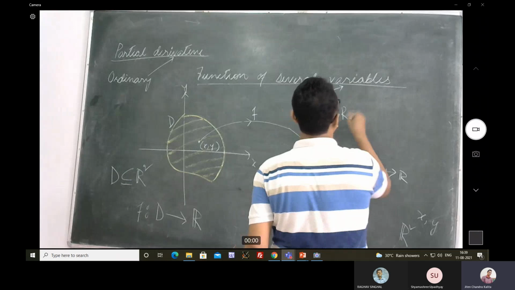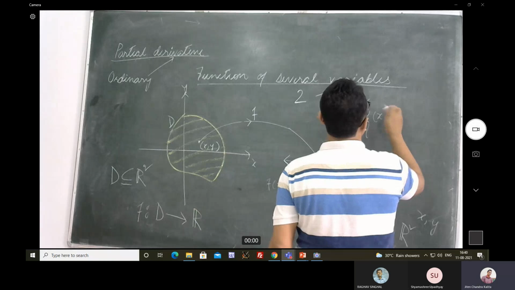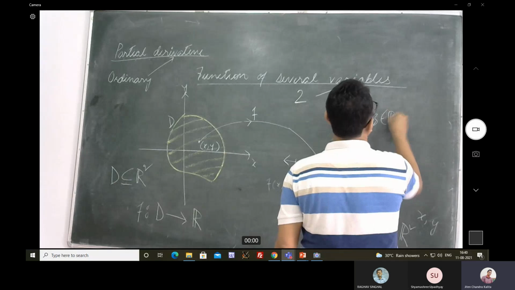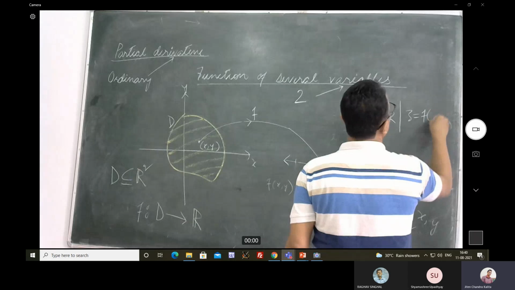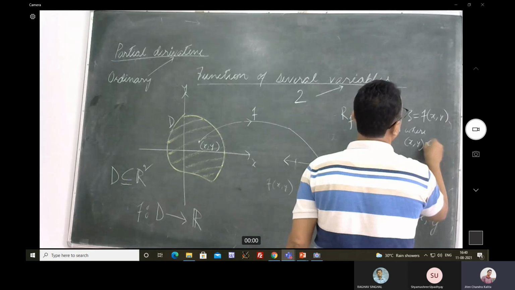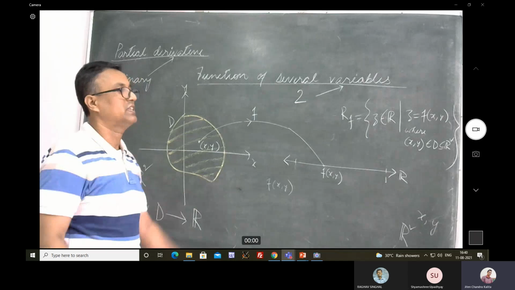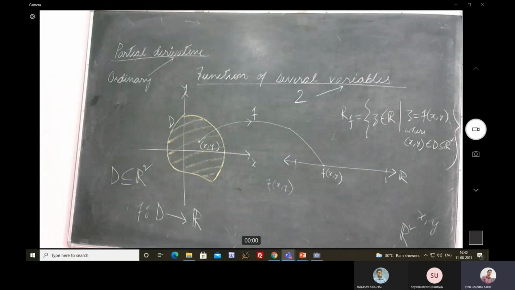So your range of f is simply the set of z belonging to R such that z equals f(x, y), where (x, y) belongs to D, which is a subset of R2. I can write it like this if you want to write it in detail. Fine. Maybe let me do a quick revision of whatever I have done before.